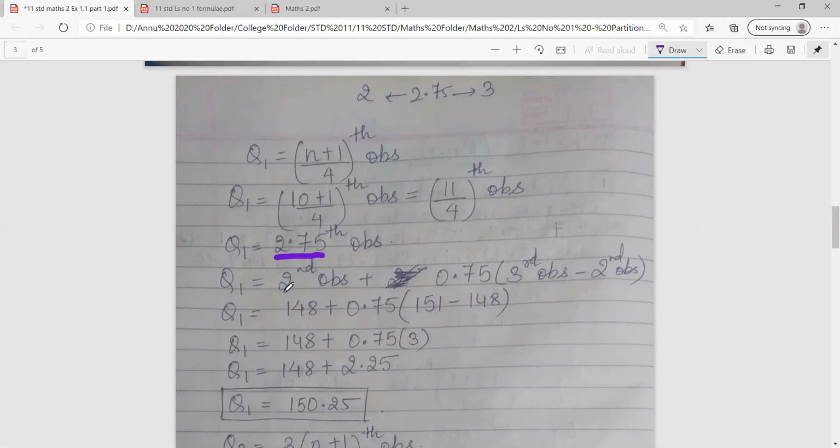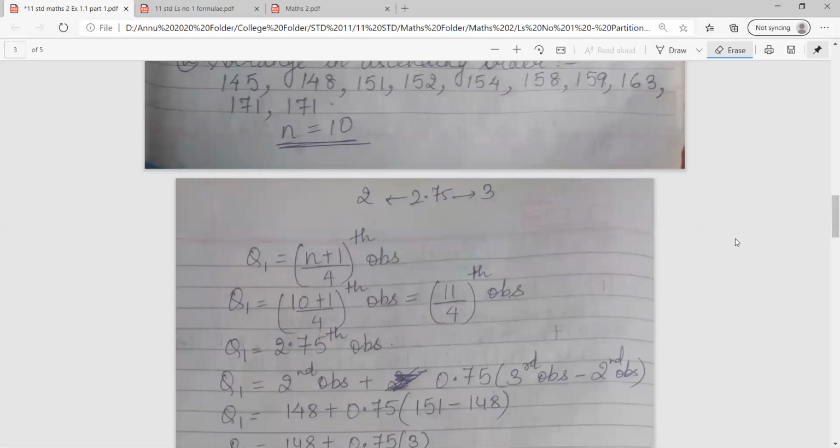So I explain it again. Second observation, that is the 2 from before comes here, plus 0.75 bracket open. Now 2.75 lies between third and second, so third observation minus the second observation. Now from your table above, the values which you arranged in ascending order, you can check that the second observation is nothing but 148.